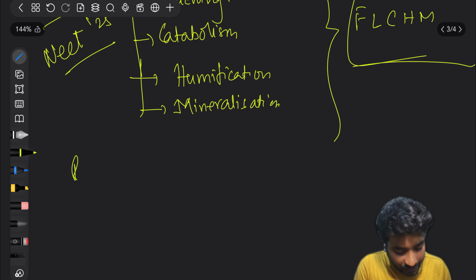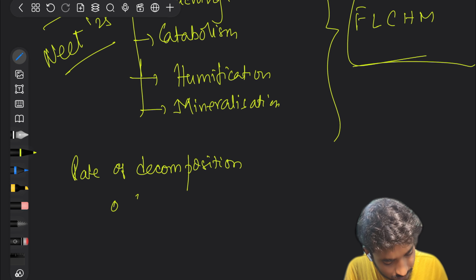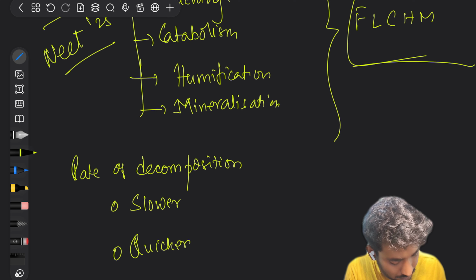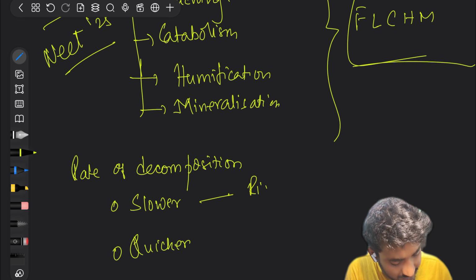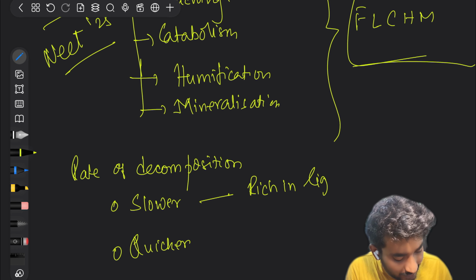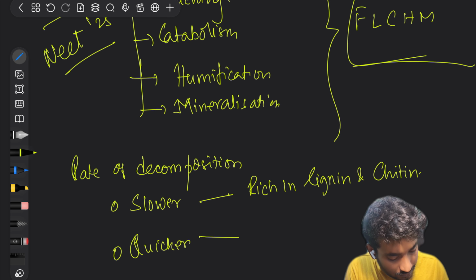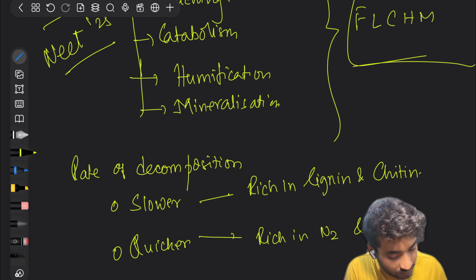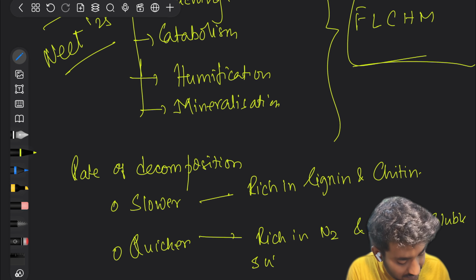The rate of decomposition can be slower and can also be quicker. Decomposition will be slower if the matter is rich in lignin and chitin, and faster if it is rich in nitrogen and water-soluble substances like sugar.